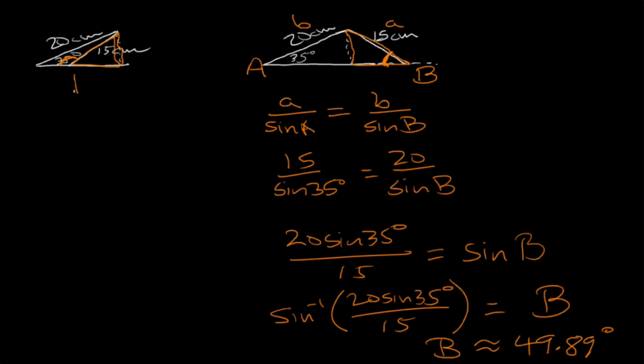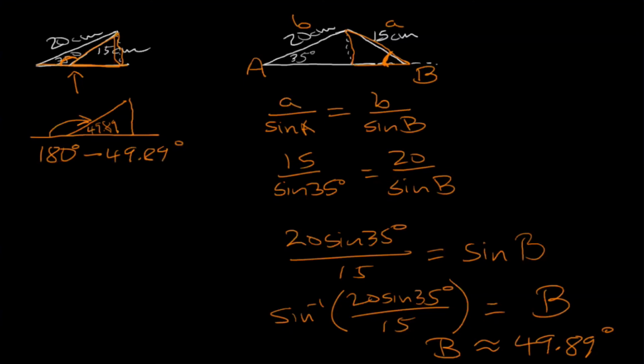The trick is to look at this part of the drawing, this baseline and this piece right here. This triangle right here is the same as this triangle just flipped around, which means that this angle, 49.89 degrees, is this angle right here. So then what does this angle have to be? 180 minus that.